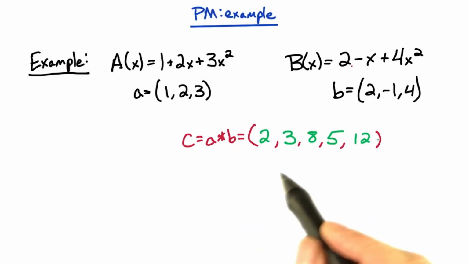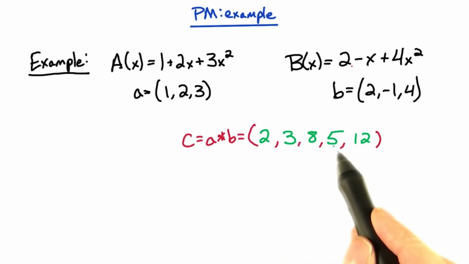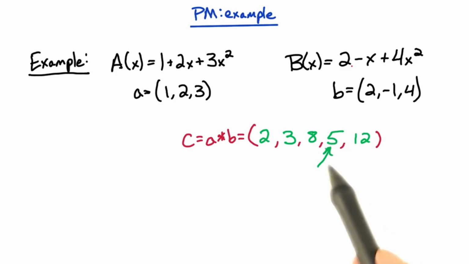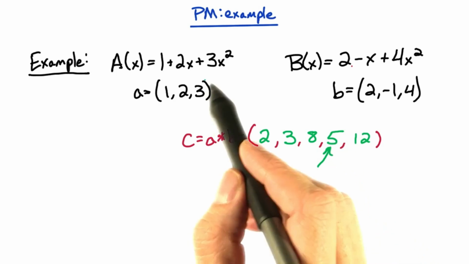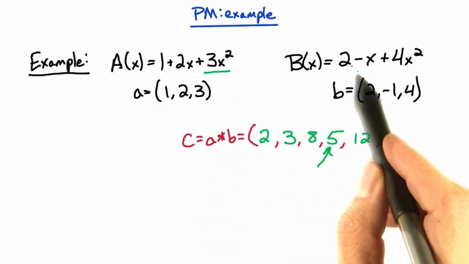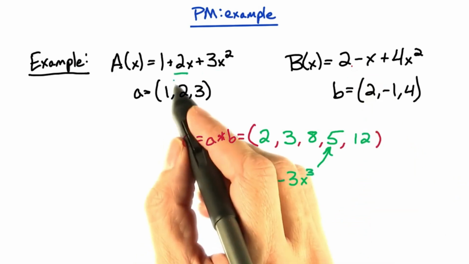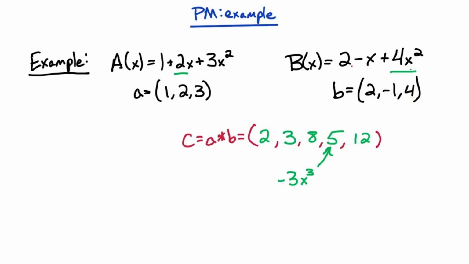The solution to this problem is 2, 3, 8, 5, 12. To get the x cubed coefficient, 5, we obtain it in the following way. Multiplying 3x squared by negative x, we get negative 3x cubed. Multiplying 2x by 4x squared, we get 8x cubed. Adding these up, we get 5x cubed.